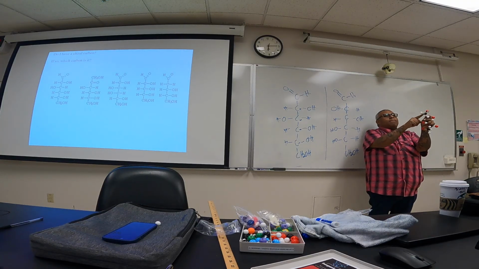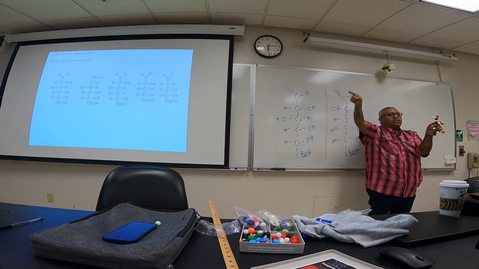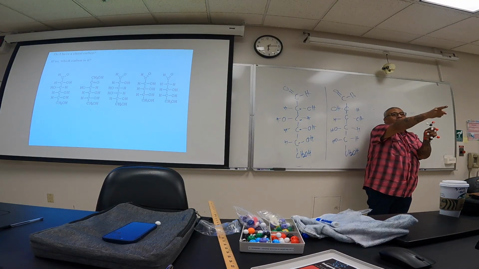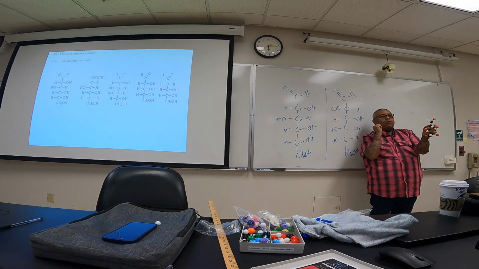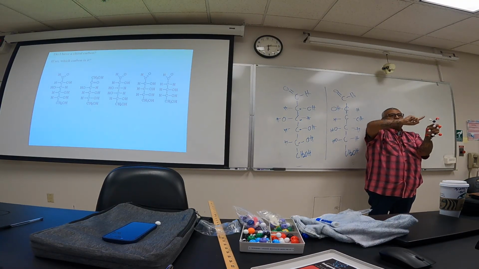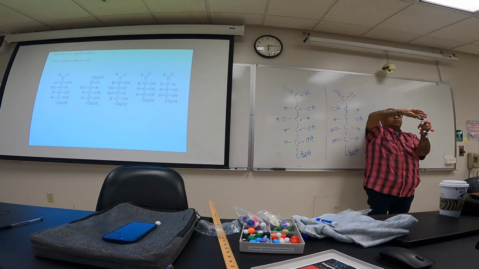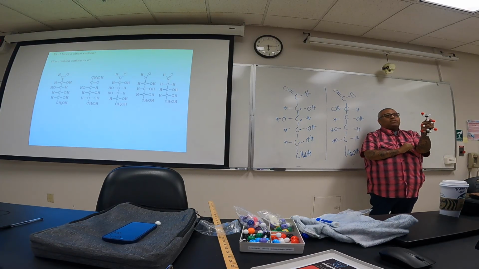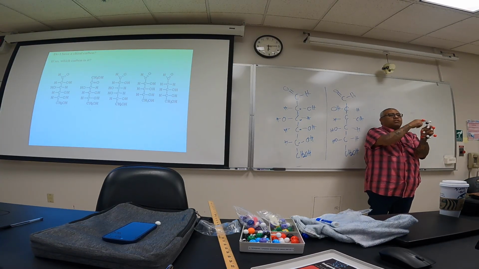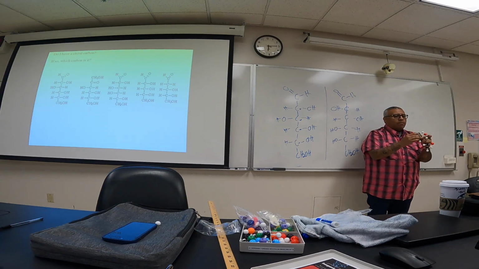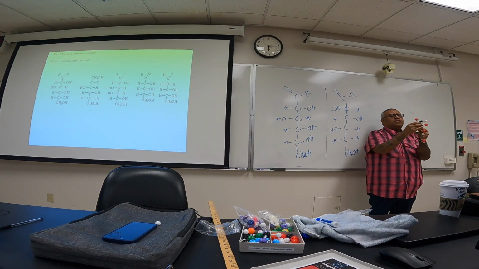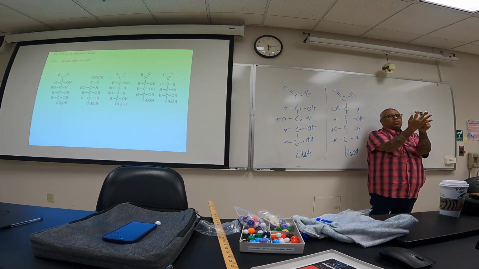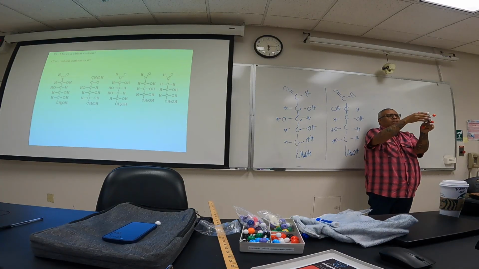This one's going this way, this one's going this way. It's not coming towards you. It's not going away from you. These are just going in these two different directions, right? So here, again, if I twist it, going this direction, not coming towards you or away from you. But here, if I hold just these two, these are going towards you, right?